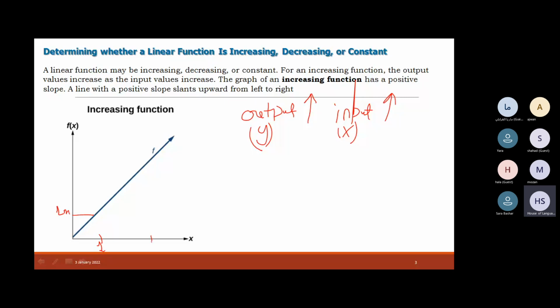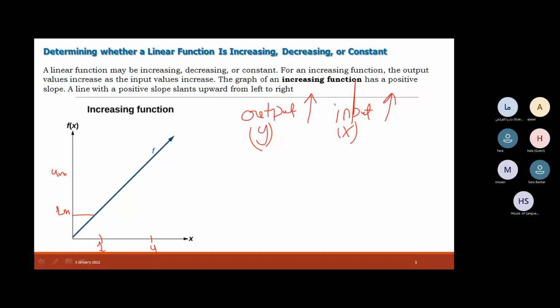When it's grown to 4 years, its length will be 4 meters. If the input increases, the output will increase. Both of them must increase. In this case, we say it's an increasing function.